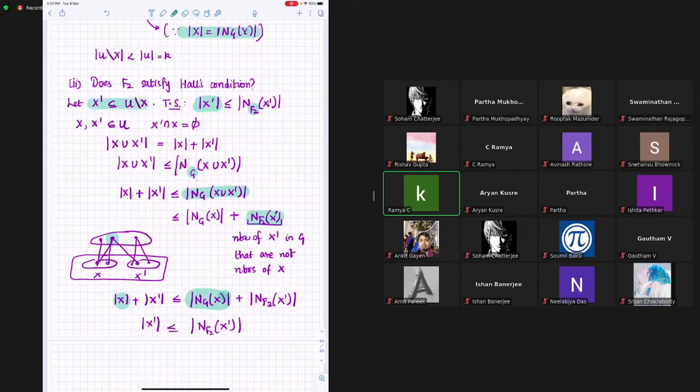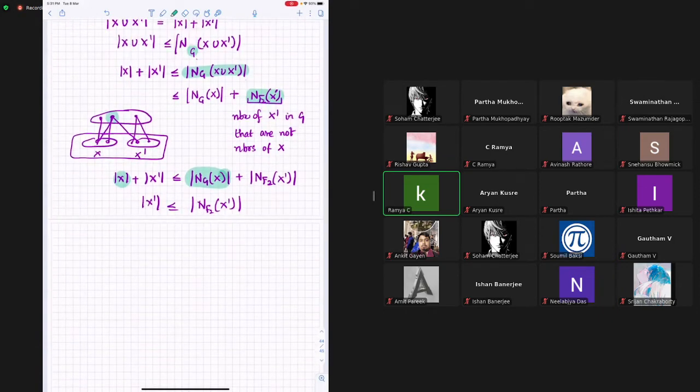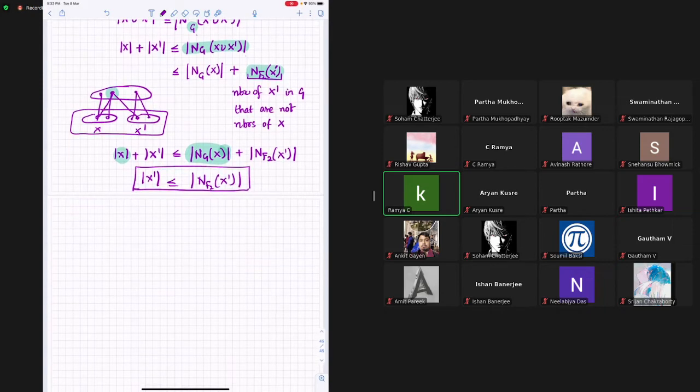X prime was some subset of U minus X. So for every subset X prime of U minus X, this condition is satisfied. So what does that mean? F2 satisfies Hall's condition.